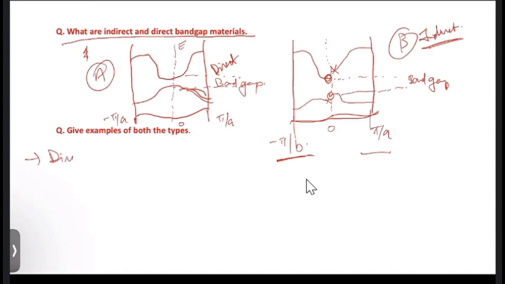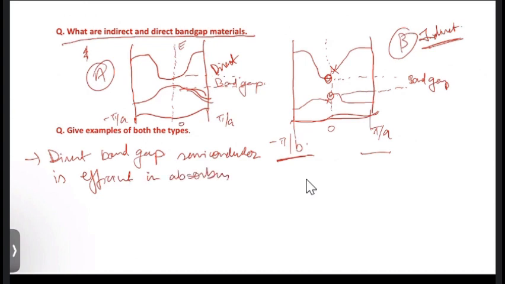The direct band gap semiconductor is efficient in absorbing radiation because it does not require energy.